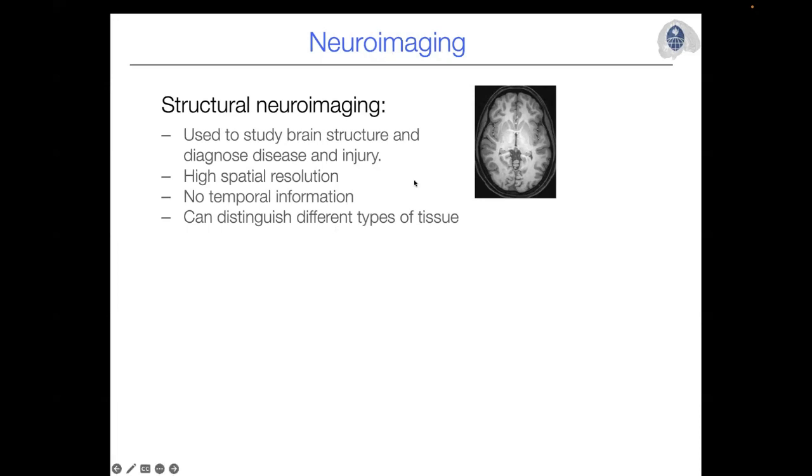These types of images have a very high spatial resolution, but no inherent temporal resolution. It's a single picture of your brain at a certain period of time. But they're very good at distinguishing different tissue types in the brain and seeing whether there are any irregularities, strokes, lesions, or damage.